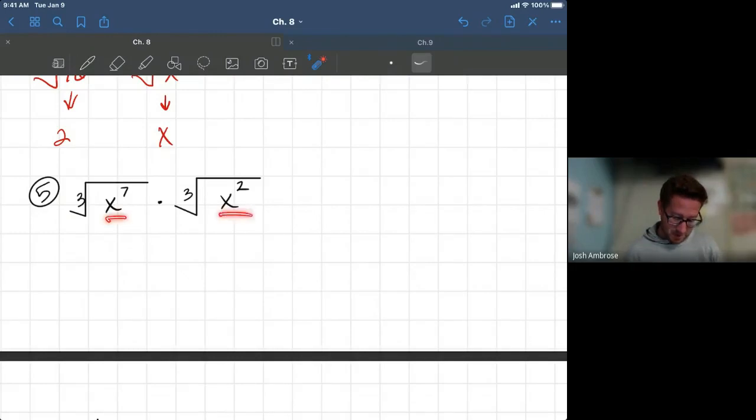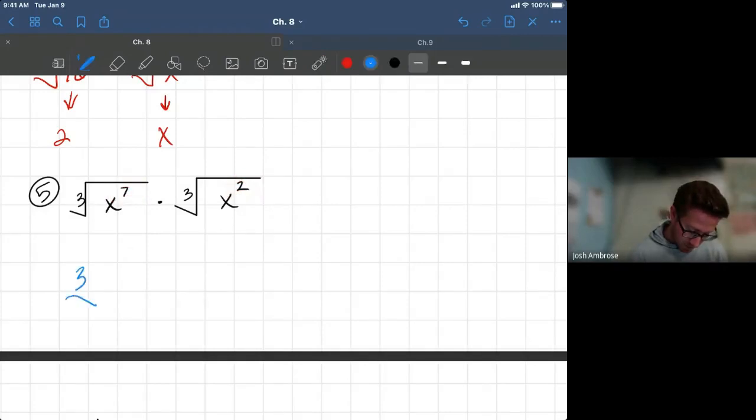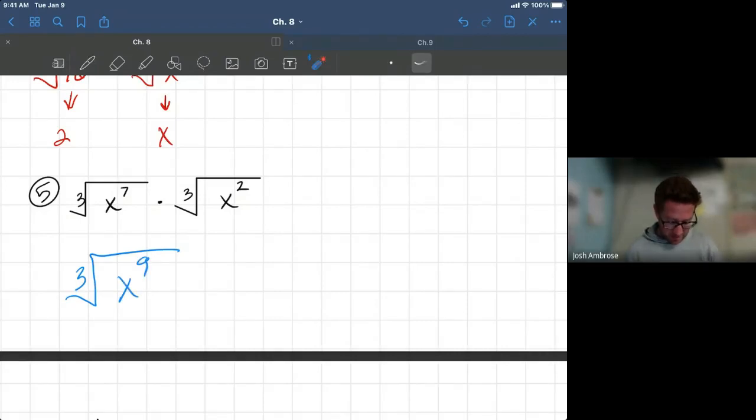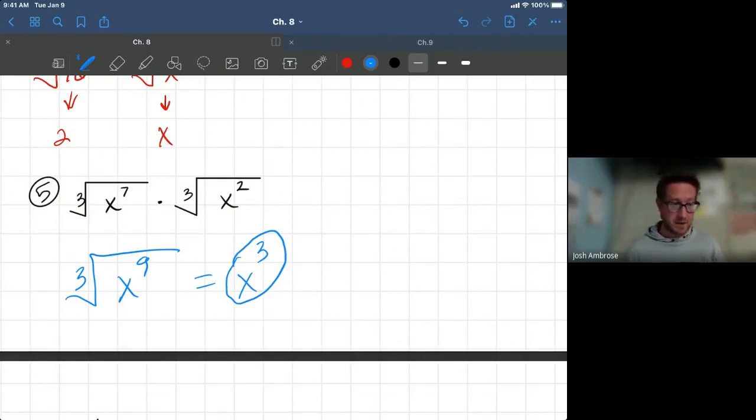Both the same base being multiplied means I add the exponents. So this is going to be rewritten as the cube root of x to the power of 9. This is why 9 does divide perfectly by 3. That's why you're showing them being put together, because you would take 9, divide it by 3, and that's going to equal x to the power of 3. Perfect. That one's done.